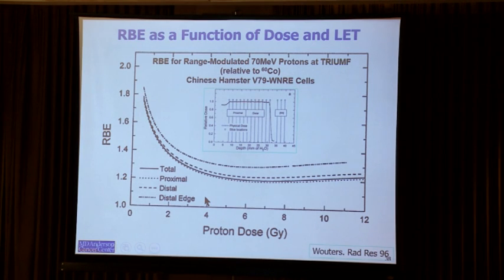And also depending upon whether the cells are placed here or here or here. For cells placed here, it is this curve. For cells placed here, it is this bottommost. So it's a function of where the cells are placed, and this is where the LET is different. LET is higher here and lower here, higher here and lower here.